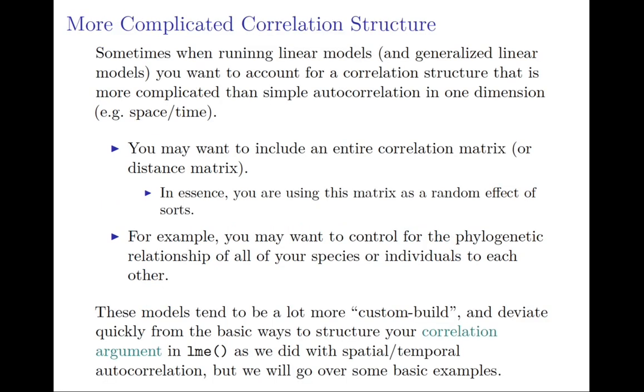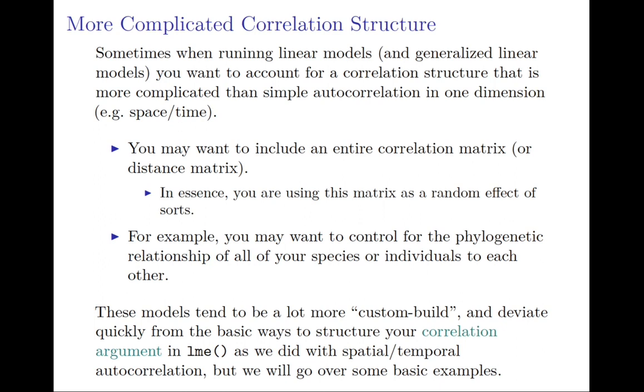Okay, so sometimes when running linear models and generalized linear models, you want to account for a correlation structure that is more complicated than simple autocorrelation in one dimension, like we've talked about, so in space or time. So you may want to include an entire correlation matrix or distance matrix. In essence, you are using this matrix as a random effect of sorts.